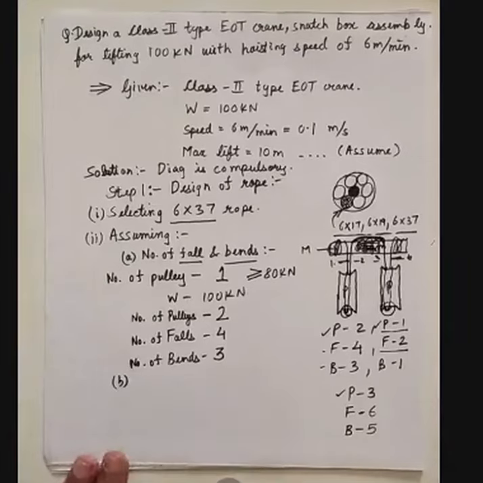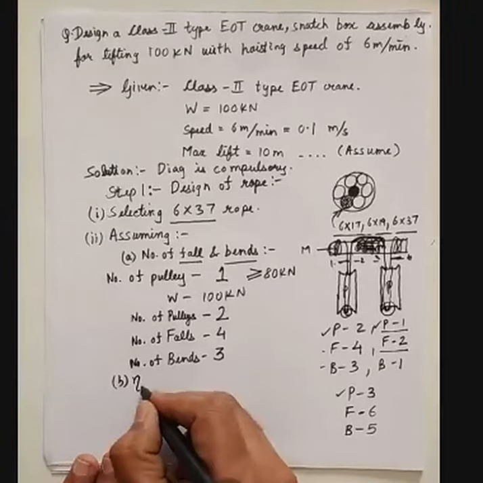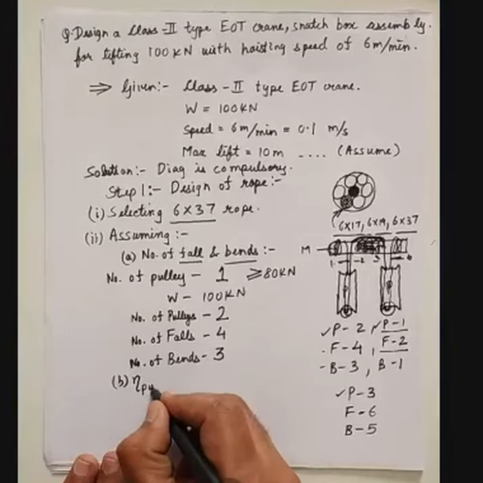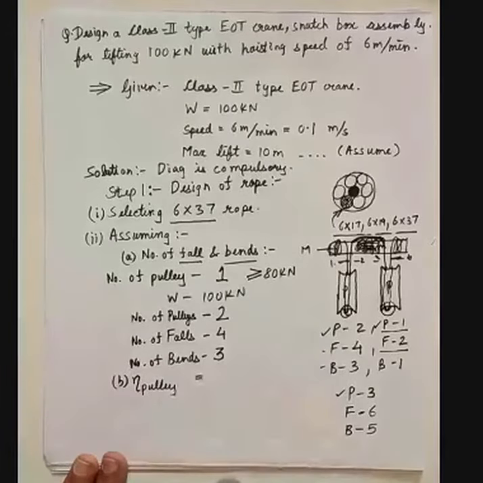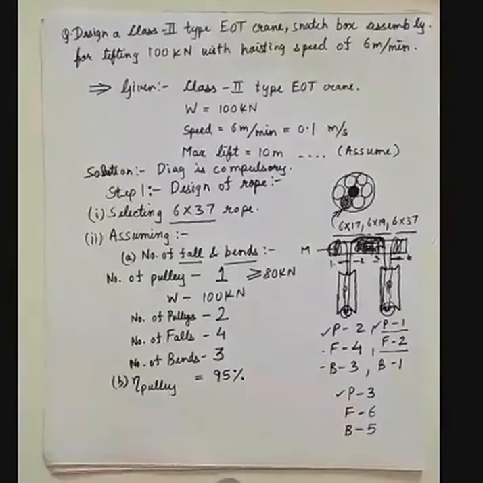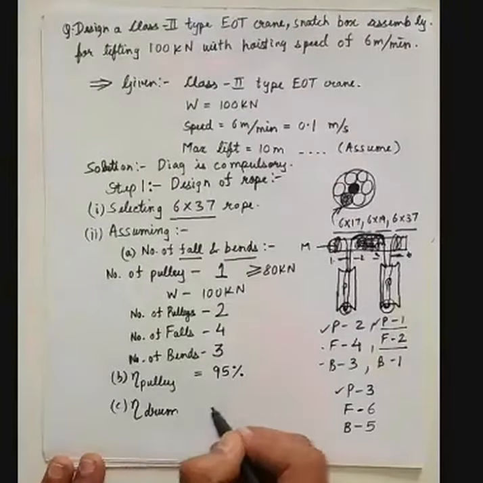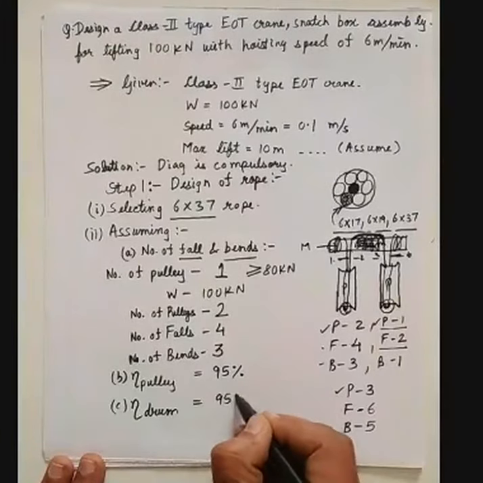So the next assumption is the efficiency of the pulley. As we always do, keep the efficiency as 95%, and also the efficiency of the drum as 95%.